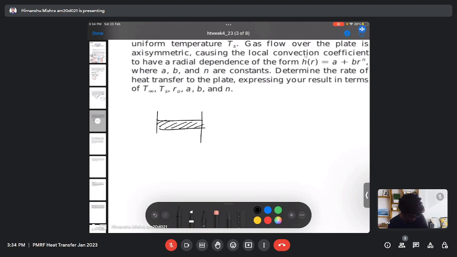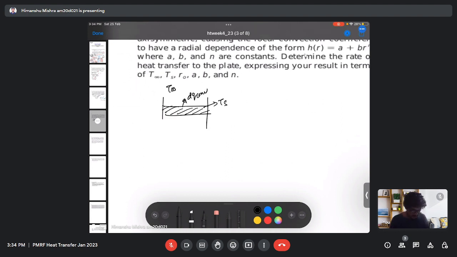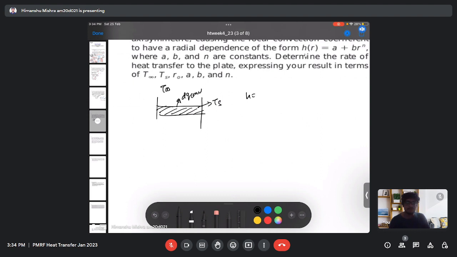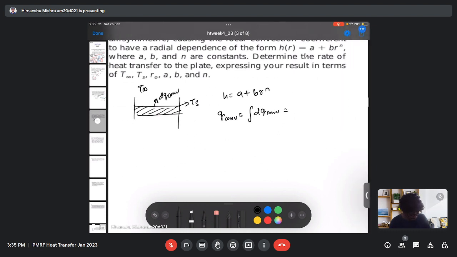So let's say this is my element area. There will be convection heat transfer. My gas temperature is T infinity and my surface temperature is Ts. Since my heat transfer coefficient is given in terms of a geometric property, I can write my convection heat transfer in terms of an integral.